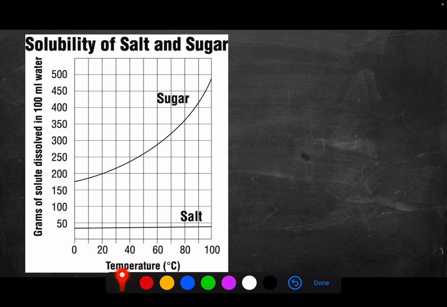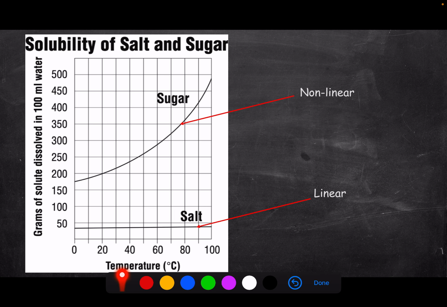Which brings me to the last point I want to mention, which is that we get different types of lines in a graph, or different types of graphs we can observe. The first one, the sugar, shows a non-linear graph, and that's because the line produced by the results is not straight. We can see that it curves up.